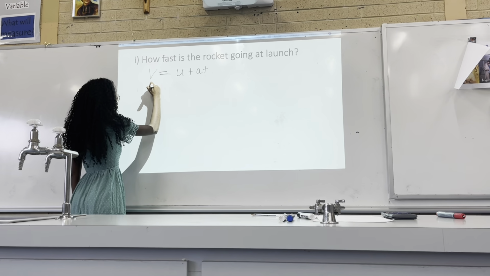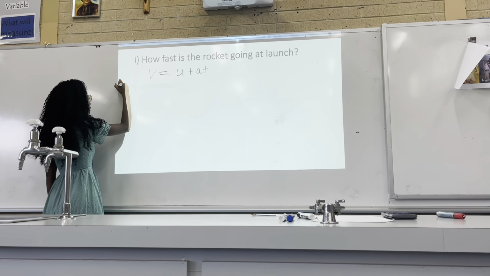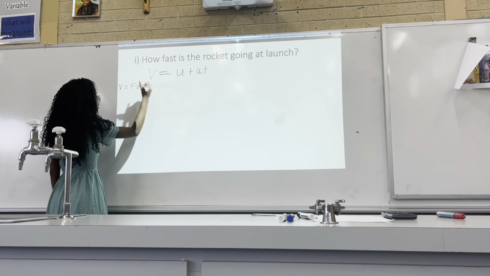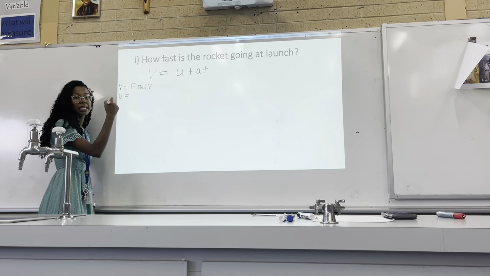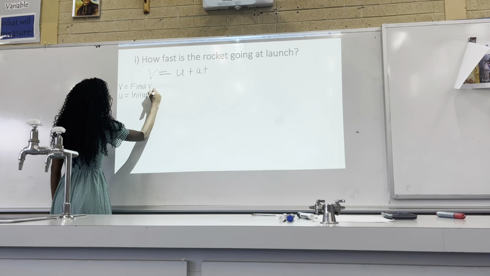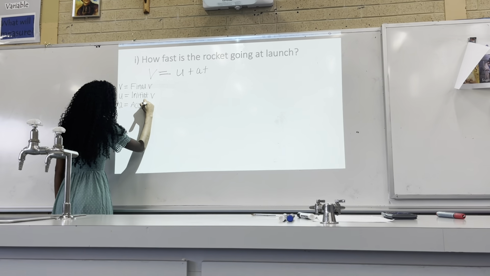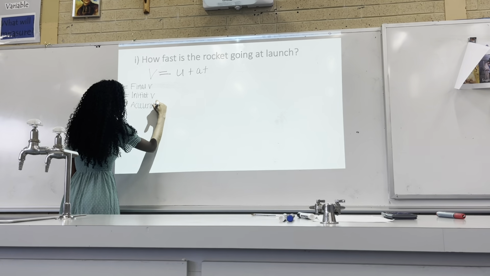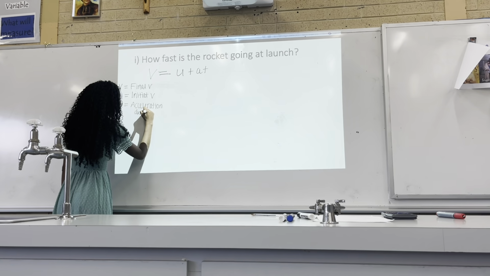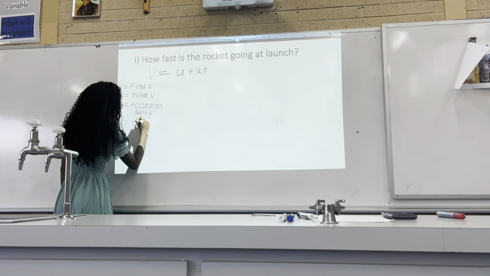Remembering that V equals final velocity. U is equal to the initial velocity. A is equal to the acceleration. And when we're talking about velocity, it's the acceleration due to gravity. So acceleration due to G, and T is equal to time.